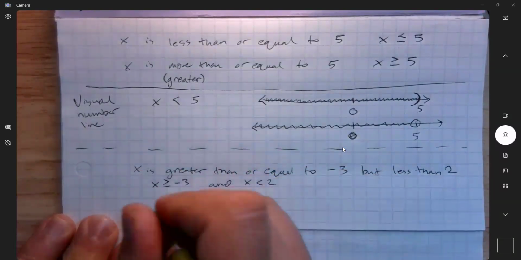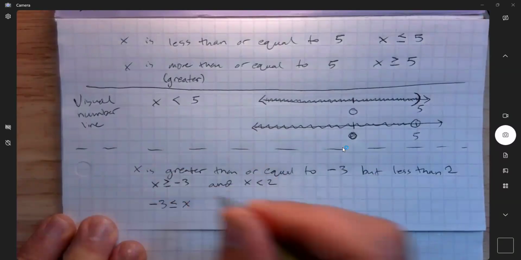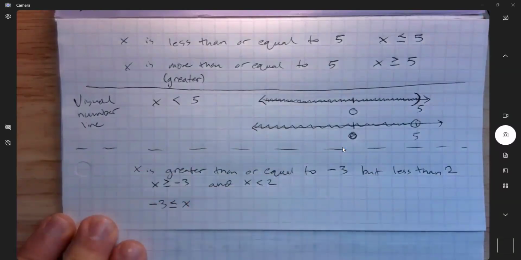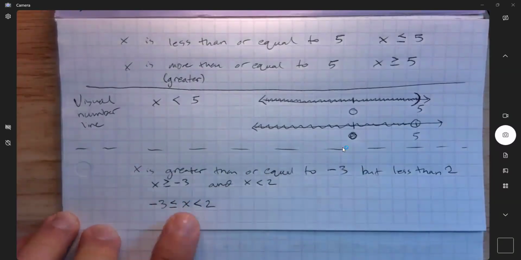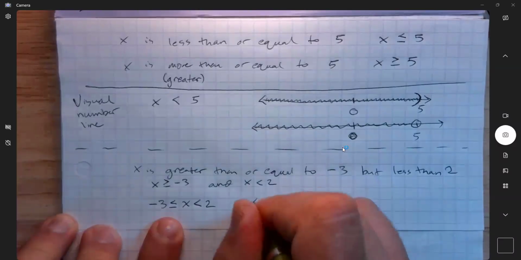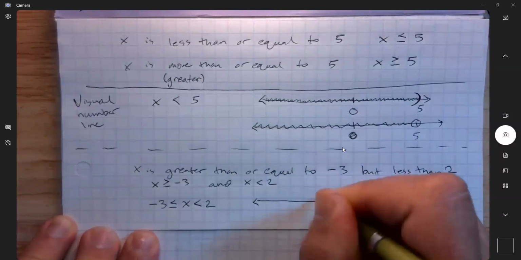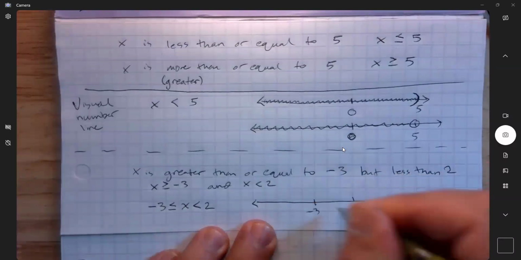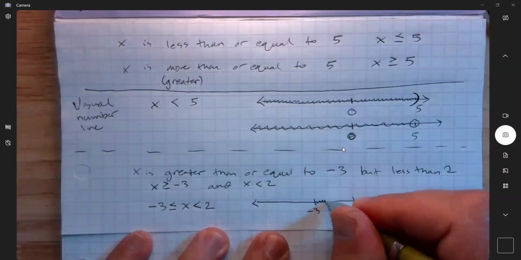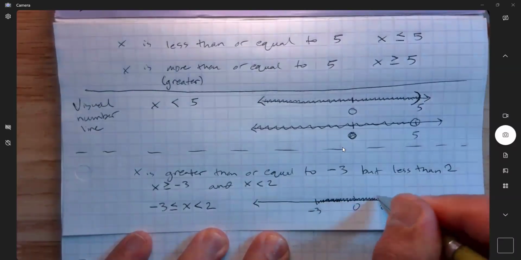But I can squish this together if I flip this first one around and say -3 is less than or equal to x, and x is less than 2, and all of a sudden I have a much more compact way of writing x is greater than or equal to -3, but less than 2. And my number line would say x is greater than or equal to -3, and x is less than 2.